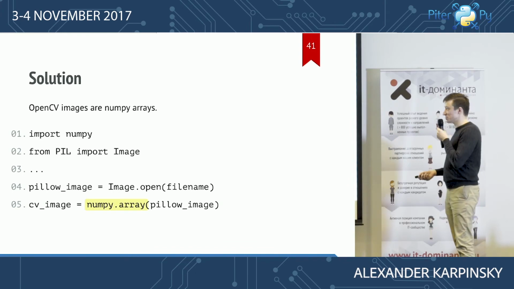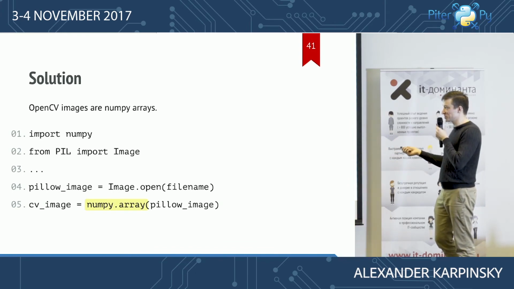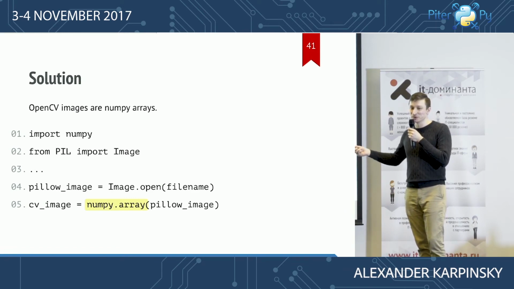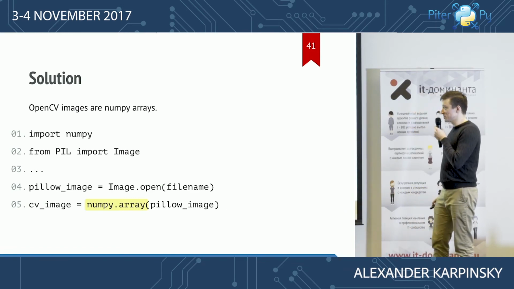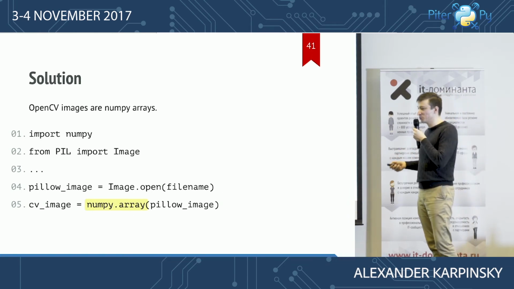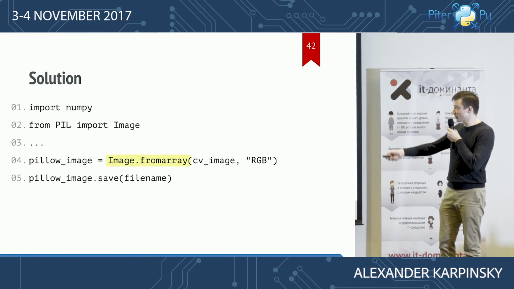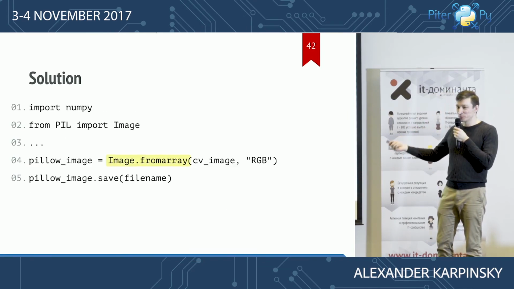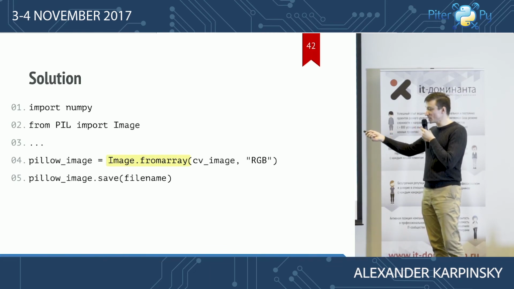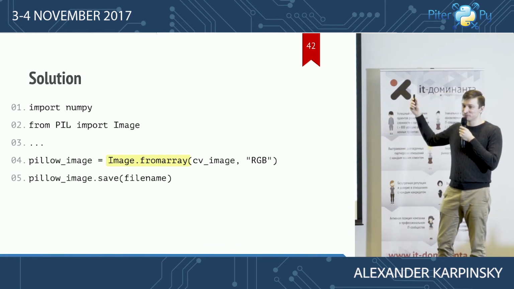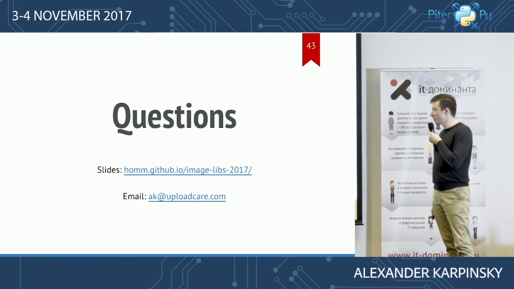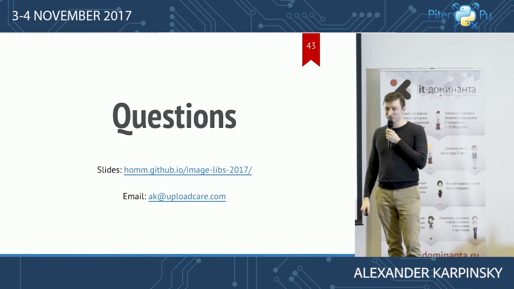It works with arrays, and by converting it into a NumPy array, you can work with it as OpenCV does. We open it with Pillow, and we do certain things which are convenient to do with Pillow. Then we do some magic with OpenCV, and again by means of Pillow we convert the array back into the array that Pillow can work with. So that's what I meant to say.